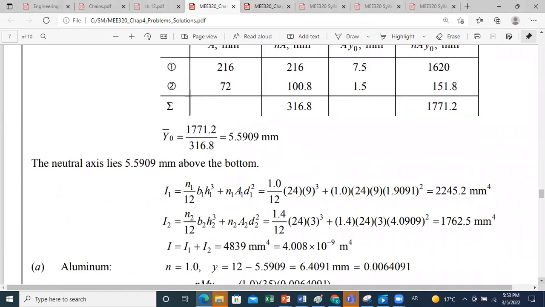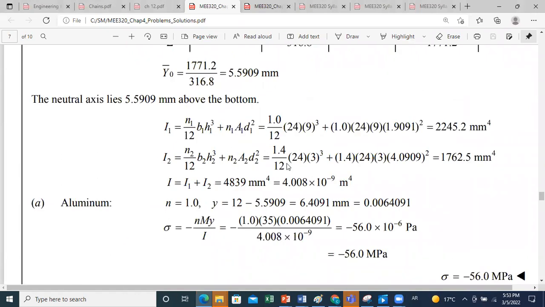Okay, so now you have determined the distances d1 and d2, and you are ready to find your inertias. You apply the parallel axis theorem. For part 1, the aluminum part, n1 is 1 because it's the reference material, so you do b1 h1 cubed over 12. This gives you the inertia about the axis passing by the centroid of this area, plus n1 A1 d1 squared, using the parallel axis theorem, to find the inertia about the neutral axis. We do the same for the second part, and we should keep in mind that for the second part we did a modification: n2 is equal to 1.4.